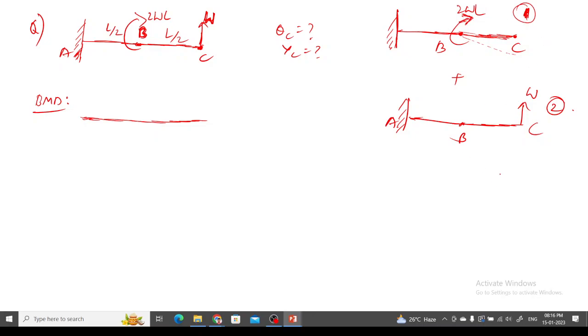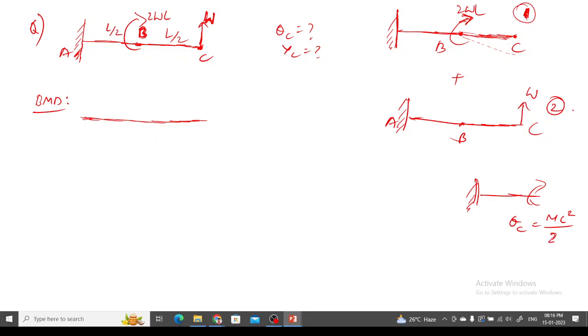The basic formula I know is for a concentrated moment on a cantilever beam. What is the slope and deflection for this? ML square by 2EI or 8EI?